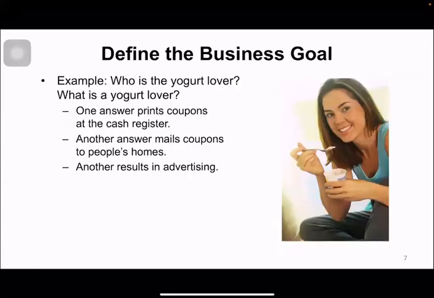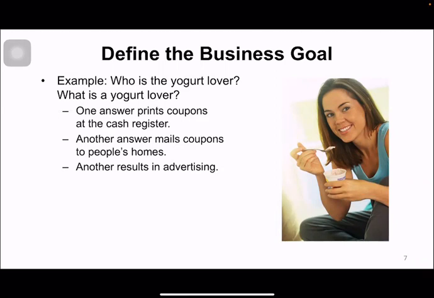Now let's have a look at an example of how to define the business goals. For example, people love yogurt, and you want to know who the yogurt lovers are in the customer database. But in order to know who, you have to define what a yogurt lover is.